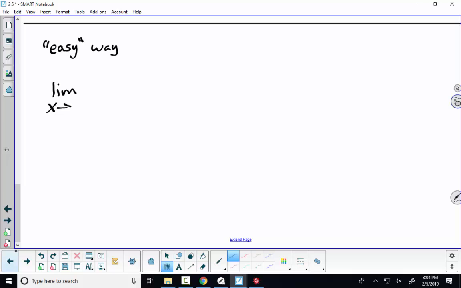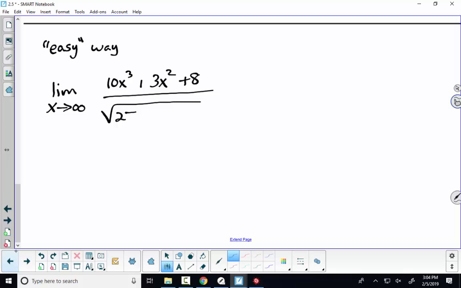So if we're asked, what's the limit as x approaches infinity on a function? We can still look at kind of leading term, if you will, divided by leading term. That's a minus. I messed up and didn't want to erase.